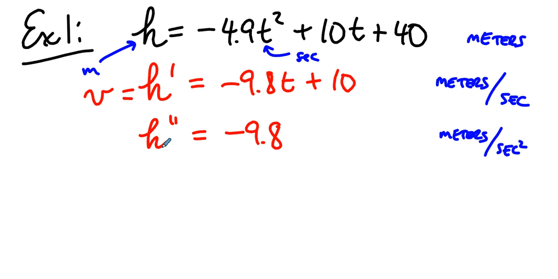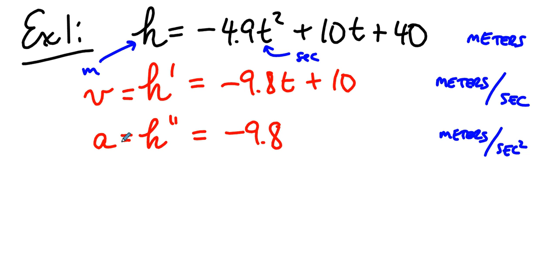H double prime measures how h prime is changing over time, and it's measured in meters per second per second. When we talk about how velocity is changing, that's acceleration. And so sometimes these derivatives of derivatives have meaning for us, and it's up to us to try to find that meaning.